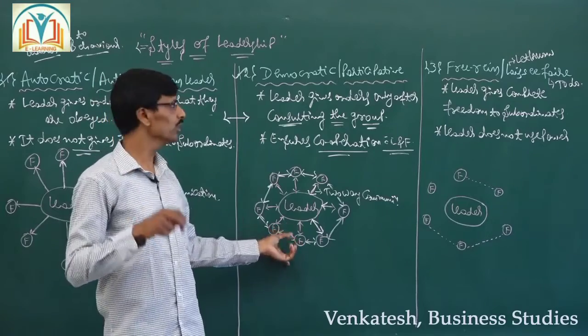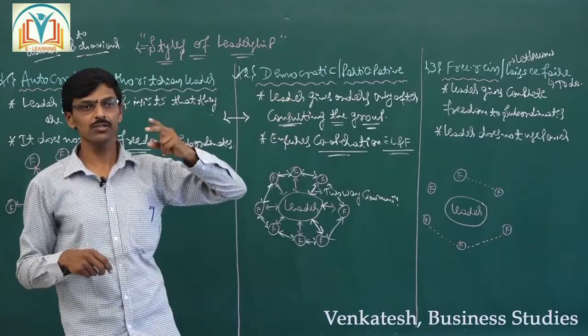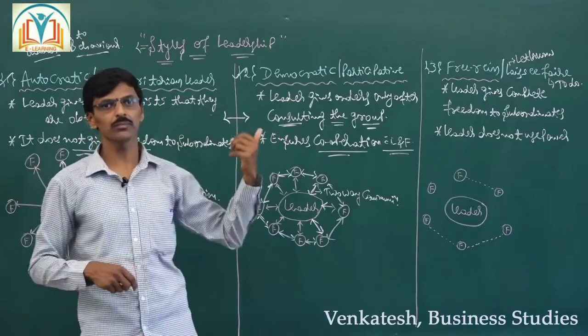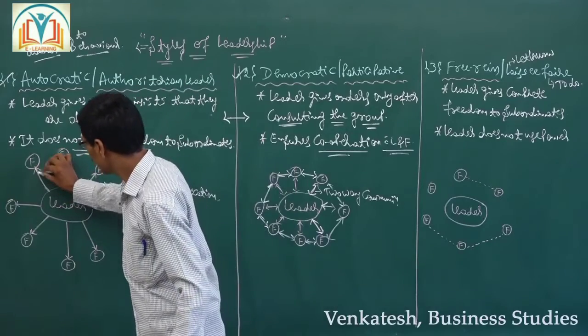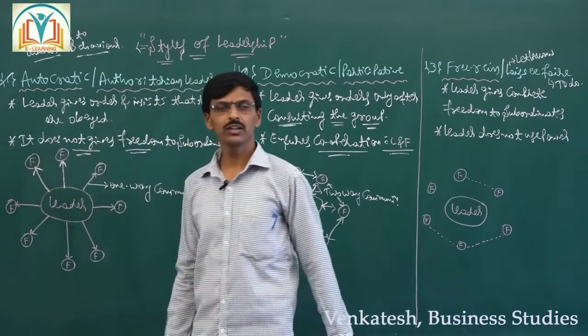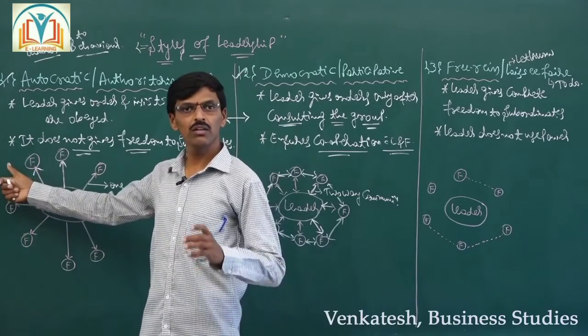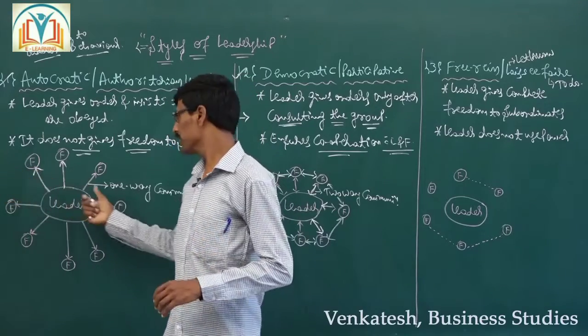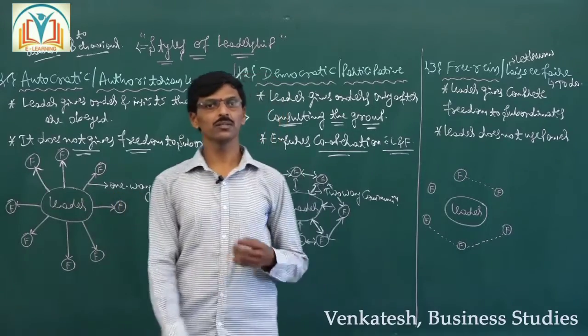So that is called the democratic leadership style. Hence it is the opposite of autocratic, because in autocratic we can see only one-way communication. What the leader says, the follower or subordinate must do, because there is only one-way communication.